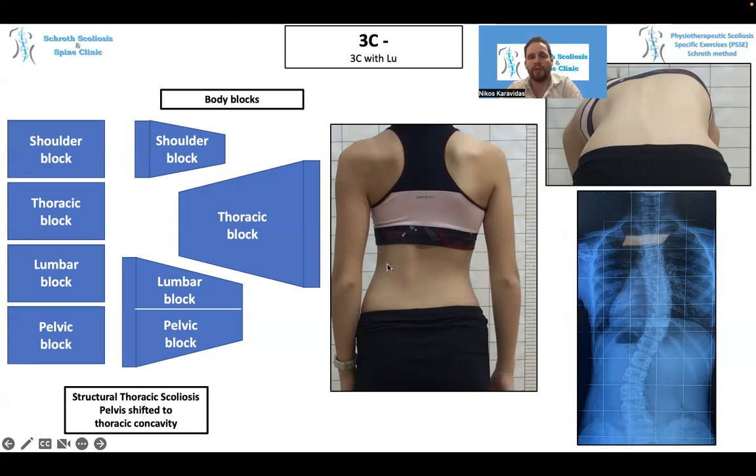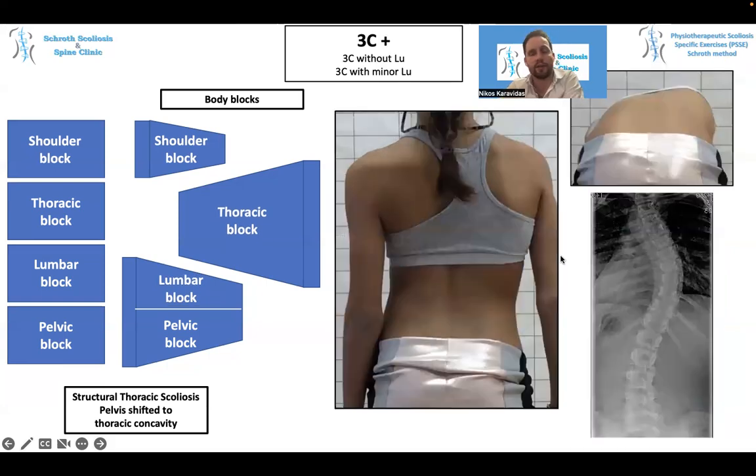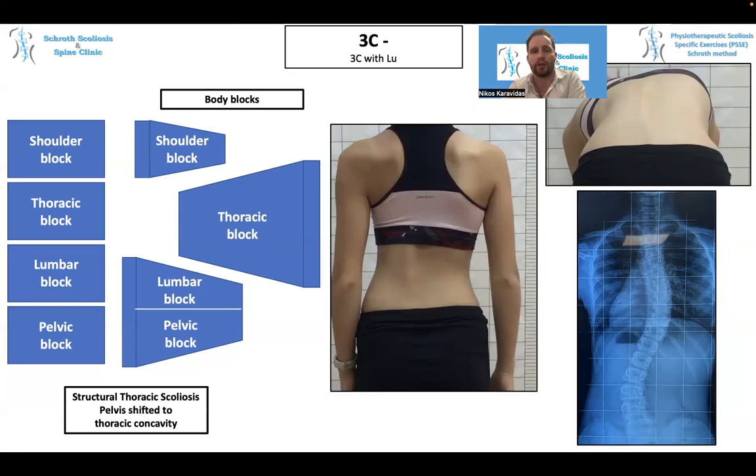However, do you believe that this kind of patient with this balanced scoliosis, right thoracic and left lumbar, and with this rotation in the lumbar scoliosis, has the same characteristics as this one? No, I don't think so, because for this, the 3C+, you can get the maximum of correction in some exercises for the main thoracic curve without any risk of creating a compensation.